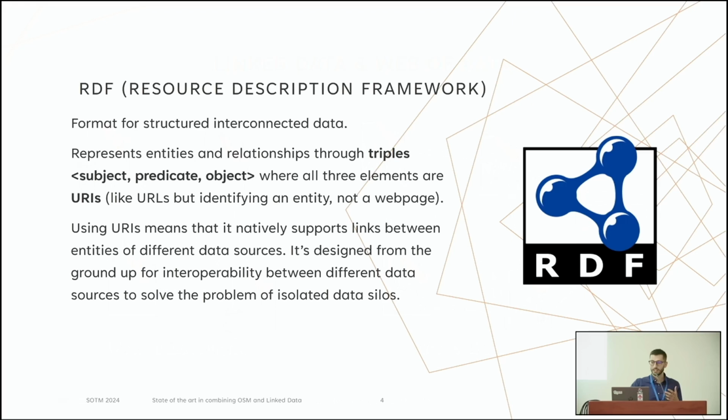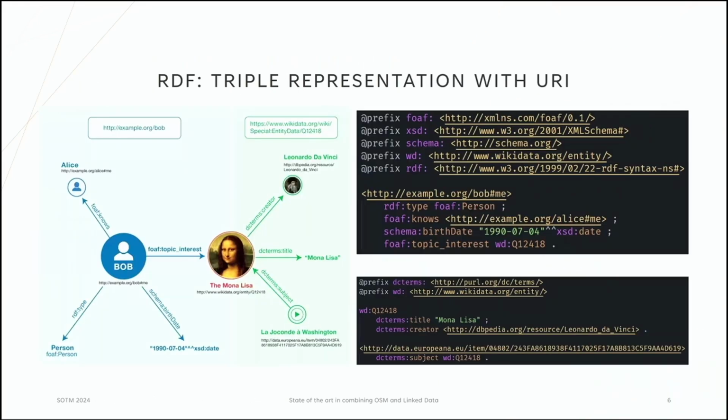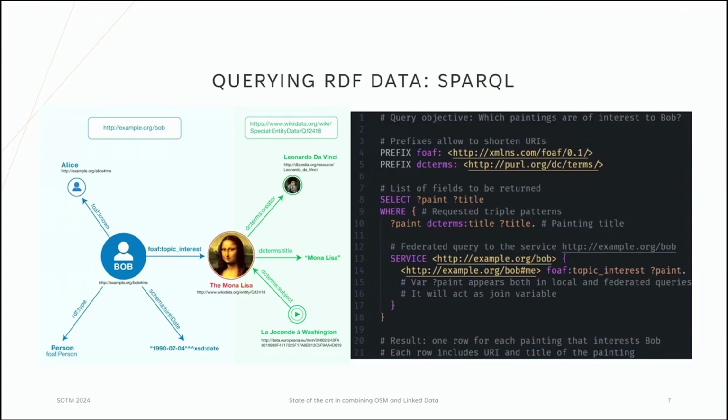Now, we don't have time to talk about how RDF works, but if you are interested in this topic, you can find these slides on the pre-talks page of this talk, and there are 3 slides that talk about how RDF works.